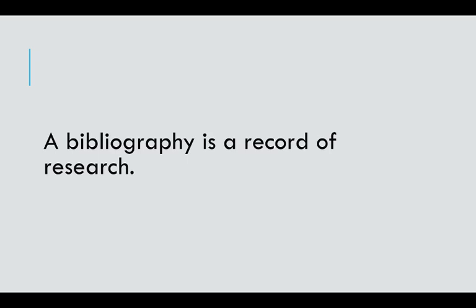The bibliography would have the full citations in whatever format you're supposed to be using. In our class we're using MLA format, and we'll look at resources for doing that in another slide.